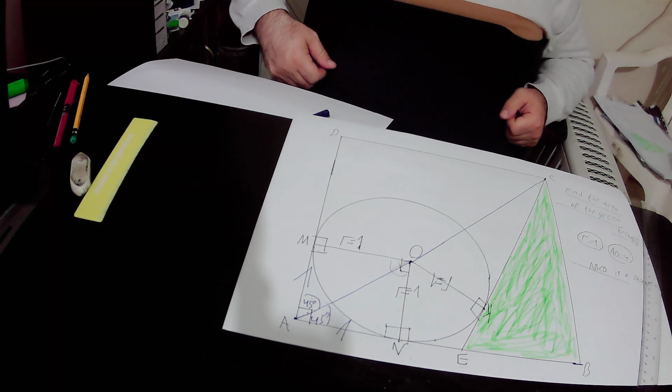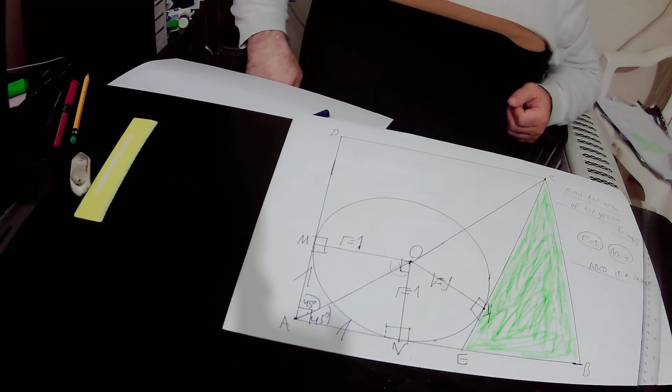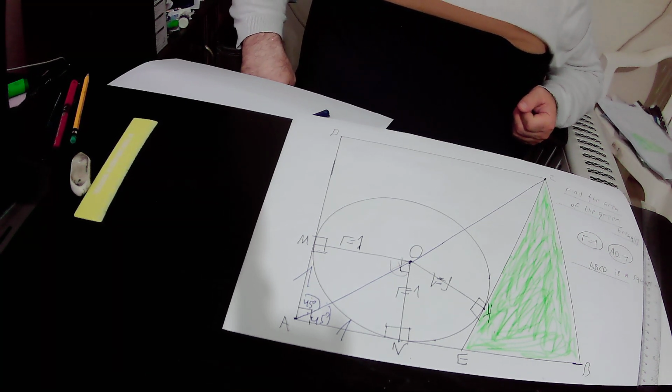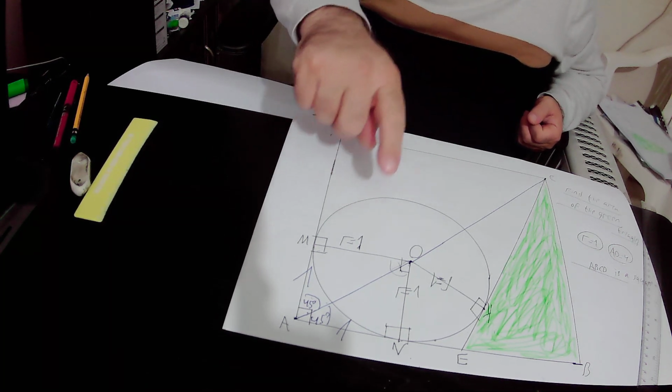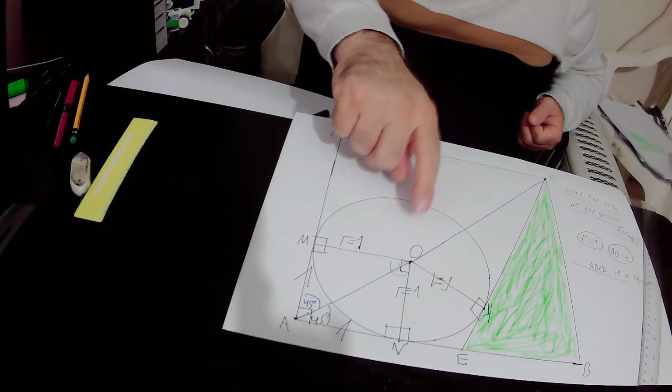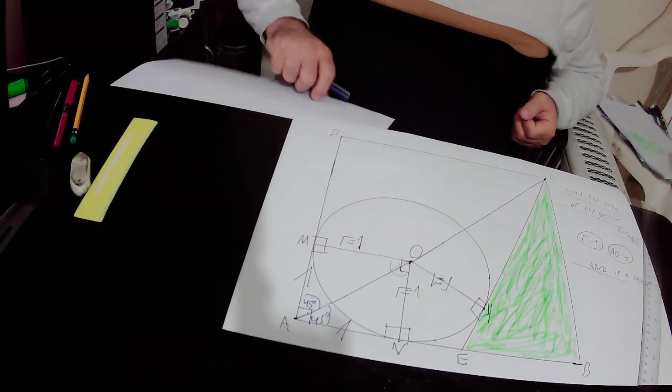From the fact that those two angles are equal to each other, we will conclude that the diagonal CA passes through point O. So I write it down.